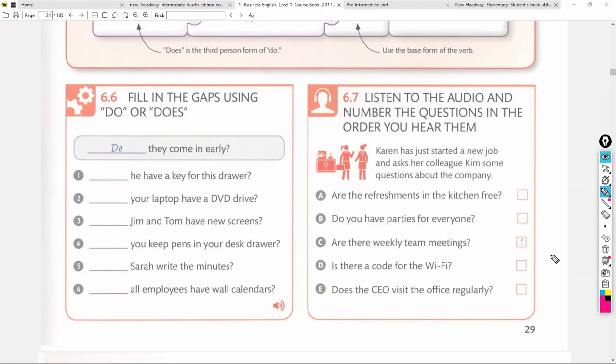So, welcome to the company, Karen. The meeting room's busy now, so let's go to the kitchen and make a drink before we find somewhere to sit down. Okay. Are there team meetings every week? Actually, teams meet every day. This is a heads of department meeting with the company CEO.